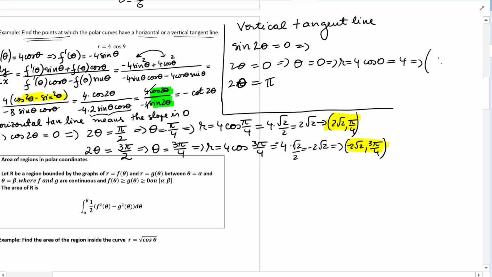So the point is 4, 0. And then theta equals pi over 2, which means r equals 4 cosine of pi over 2, which is 0. So the point is 0, pi over 2. So in conclusion, the 2 points in polar coordinates where the tangent line is vertical to the graph are 4, 0 and 0, pi over 2.